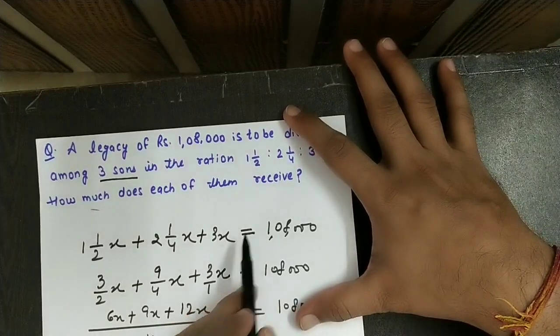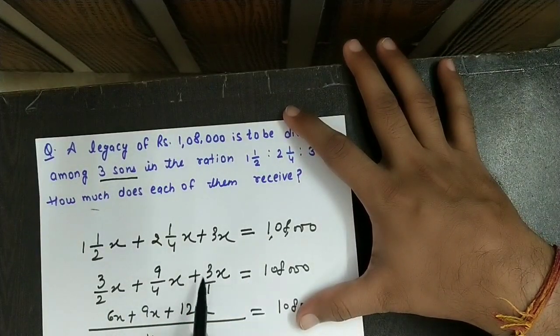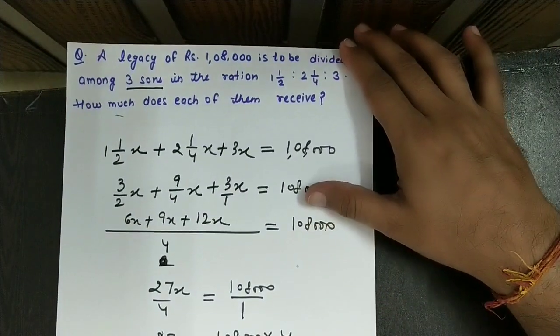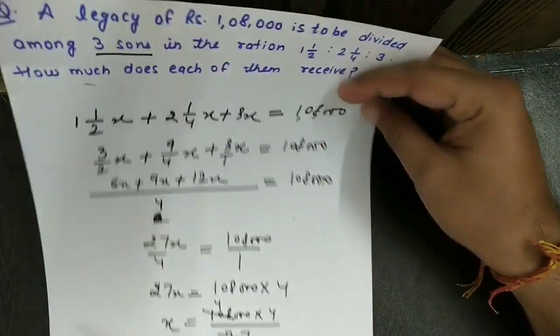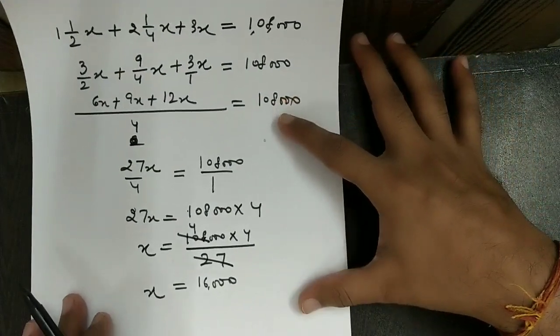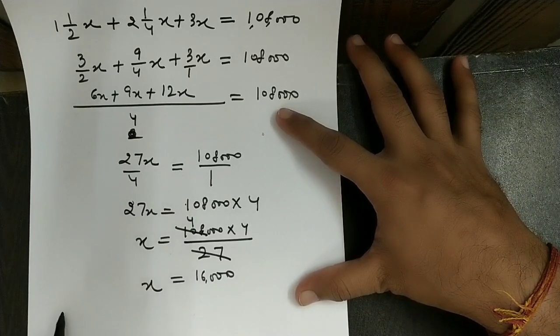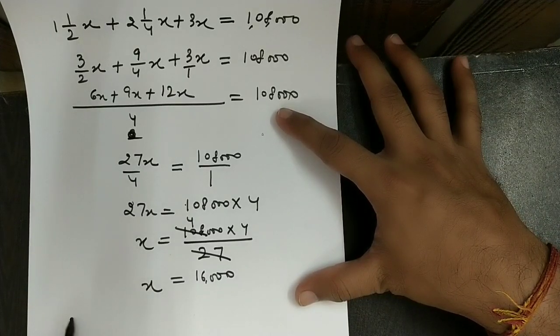And the ratio that we had is 3 by 2x, 9 by 4x and 3x. So how much will they receive? The money will be divided as 3 by 2x, means 3 by 2 into 16,000. 2 eights are 8, 3 eights are 24,000.